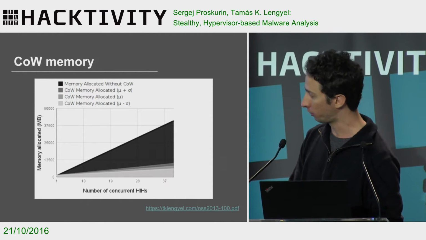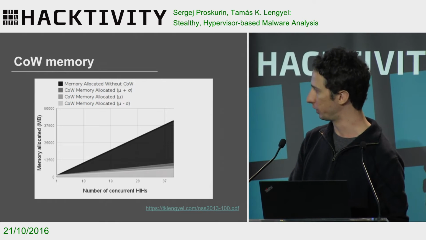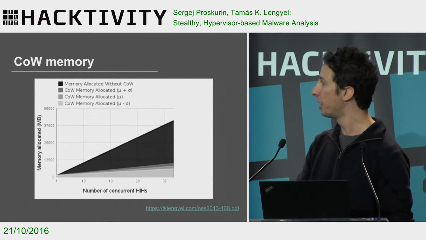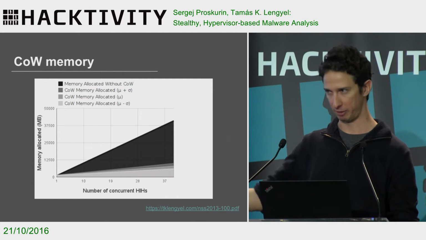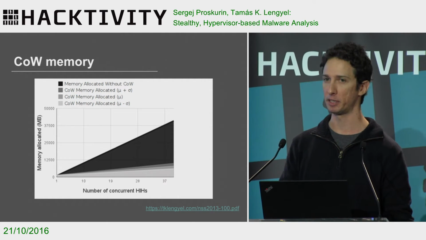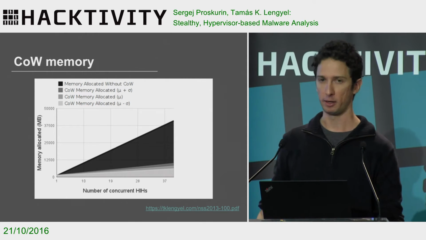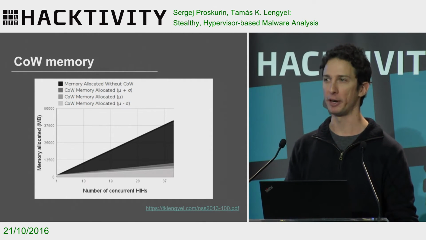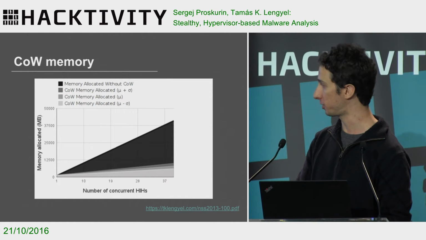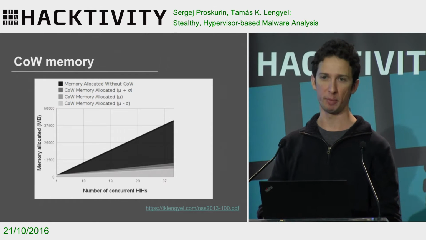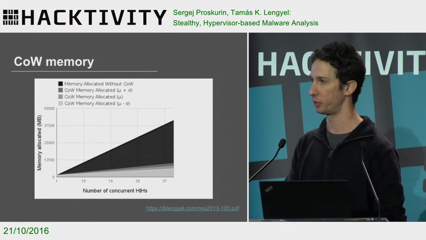And the black stuff there that you see is really how much memory you can save by deploying memory sharing across honeypots. These were honeypots that were available on the internet, on an academic network, that had a bunch of vulnerable services, and I actually saw bots breaking into these honeypots, and then I checked how much memory remained shared after a minute or two of malware activity on the honeypot.